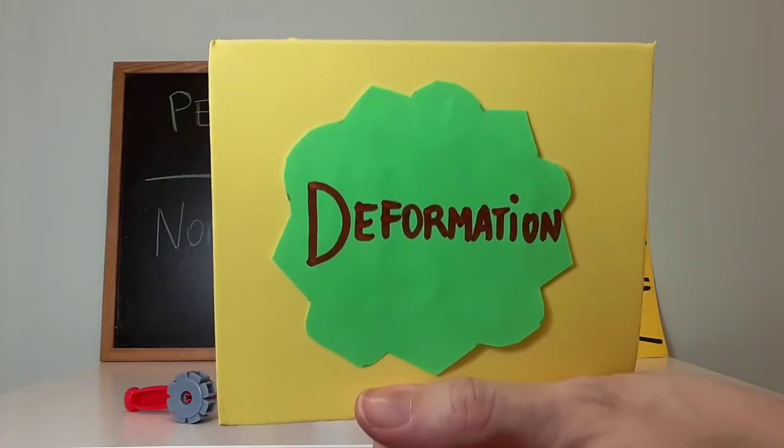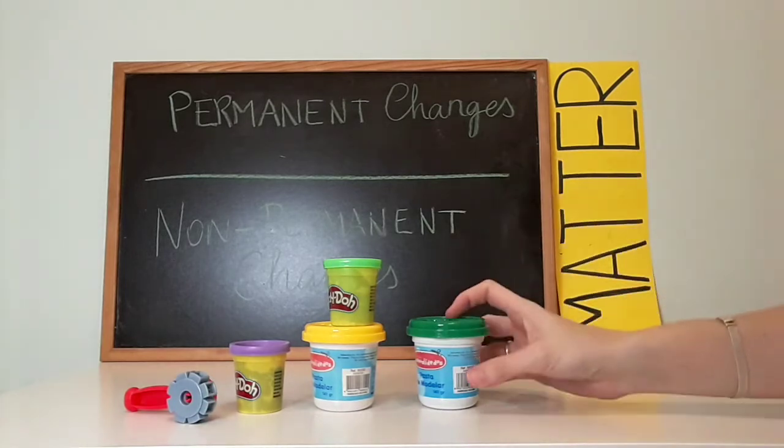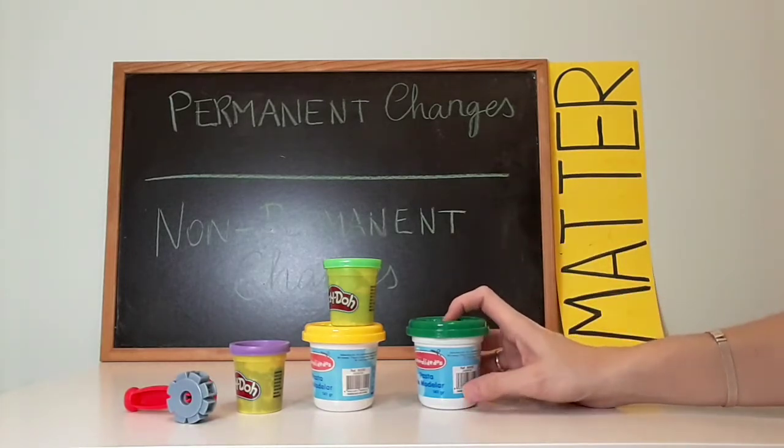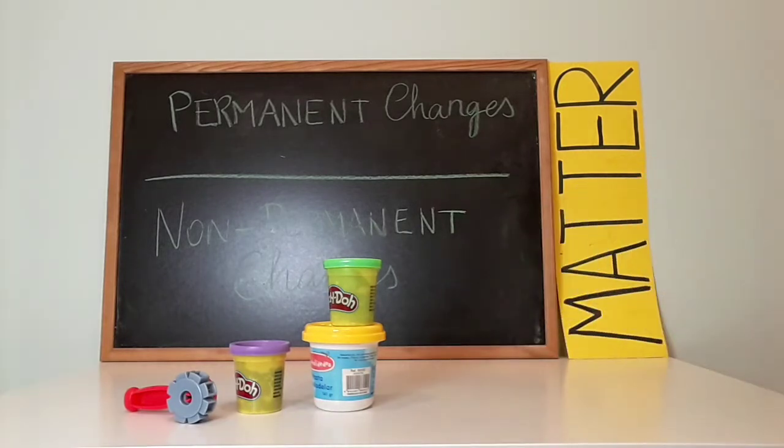Deformation. Sometimes a force permanently changes the shape of an object. We call this change deformation. For example, here I have some plasticine.